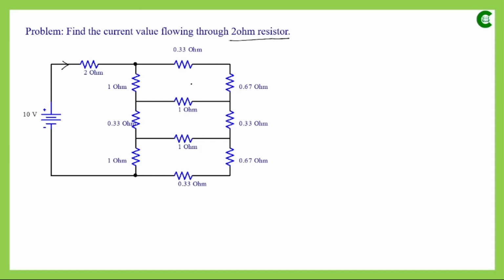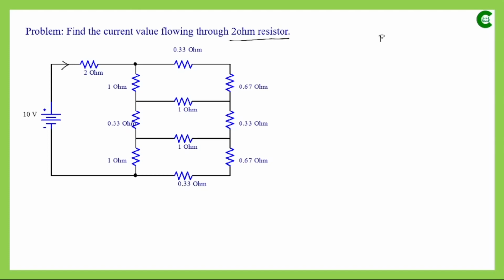Now if we look at this part of the circuit, we can see that this resistor which has the value 0.33 ohm and this resistor having resistance value 0.67 ohm are connected in series. We know how to evaluate two resistors connected in series.